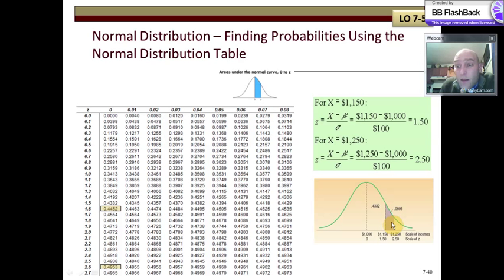What area am I looking for? 0.4938 minus 0.4332 leaves me with 0.0606. In other words, there's a 6.06% chance that if selected at random, the foreman I pick makes between 1150 and 1250 per week. That's going from a raw score to a z-score to an area to a probability.